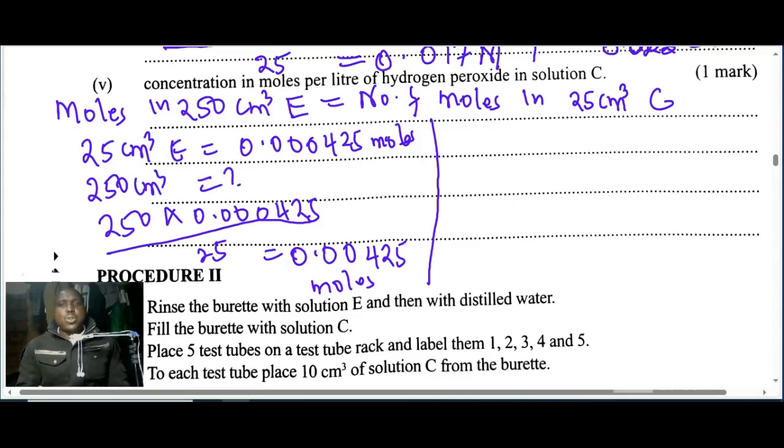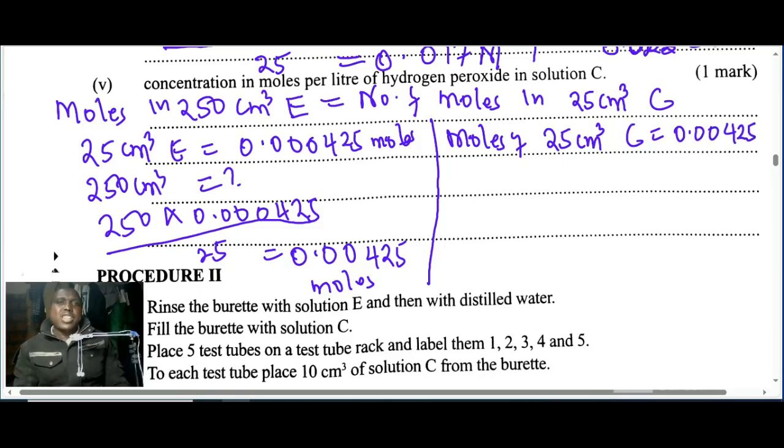But we know that the number of moles in 250 will be equal to, meaning moles of 25 centimeters cube C is equal to this one, 0.00425.